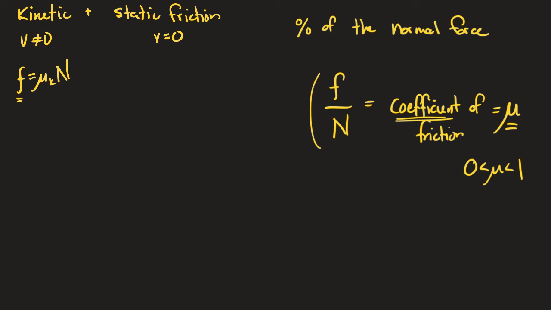It means we don't have any weird relationships that deal with friction. However, static friction is an inequality. And what this means is that the amount of friction that we get from a surface can increase until you reach some maximum threshold.